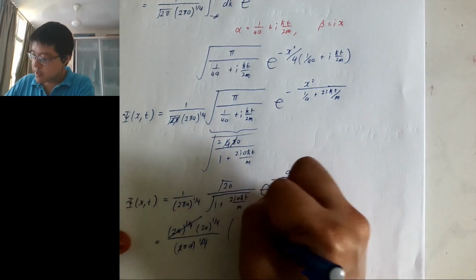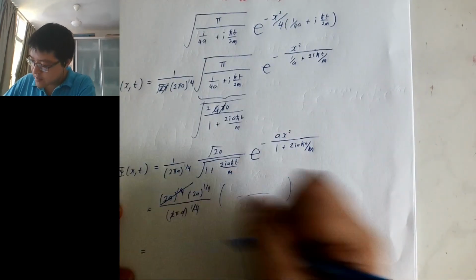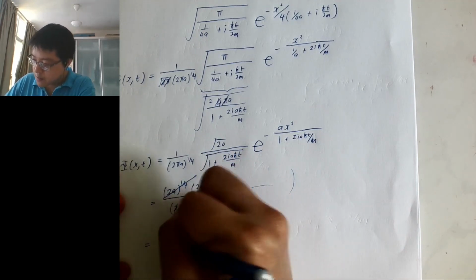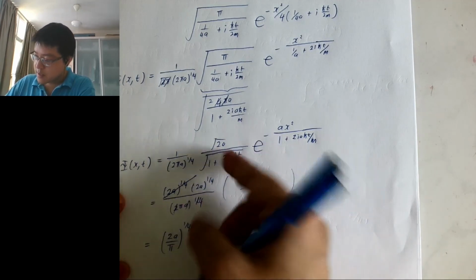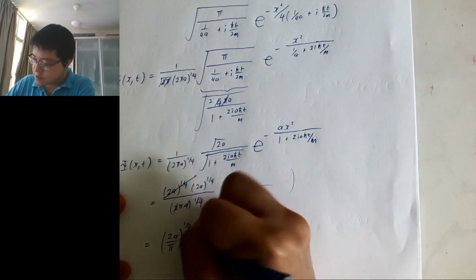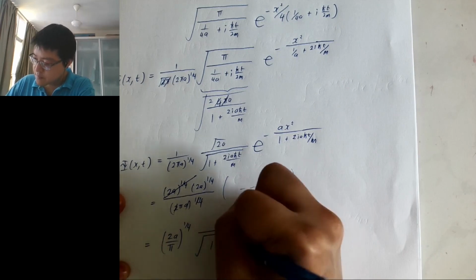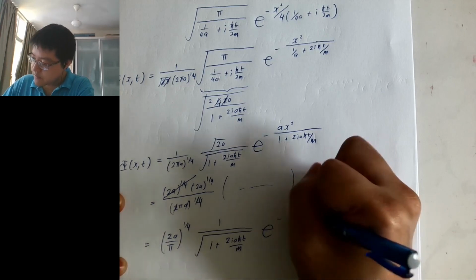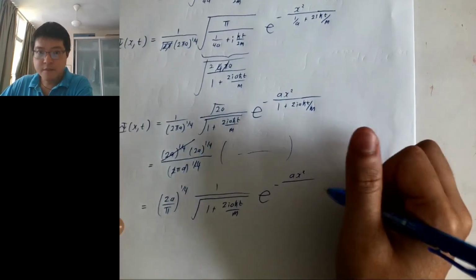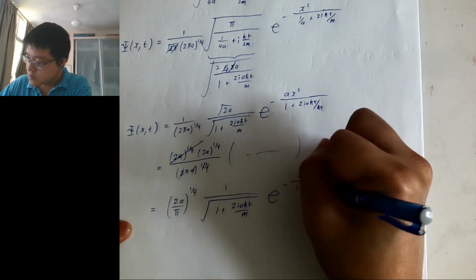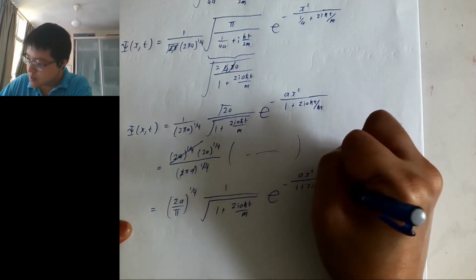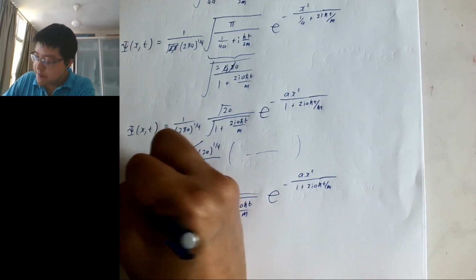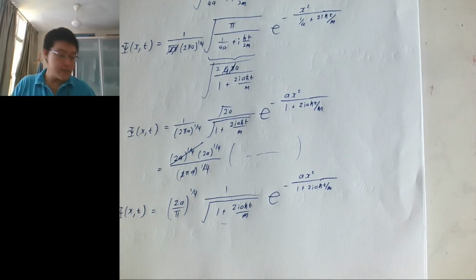And then this part is the same, so I'm too lazy to write everything again, but basically this turns into 2a over pi to the power of 1/4, and then this is 1 over the square root of all this stuff, and then this is e to the power of ax squared over 1 plus 2i a h bar t over m. Okay, so this number is the same as this number. So finally we have found the wave function at time t.